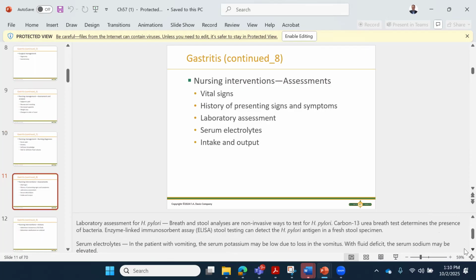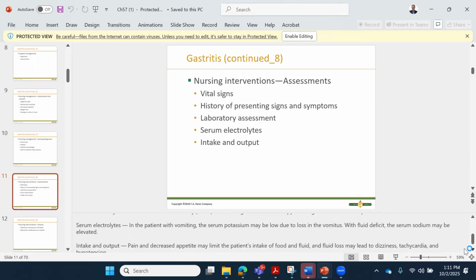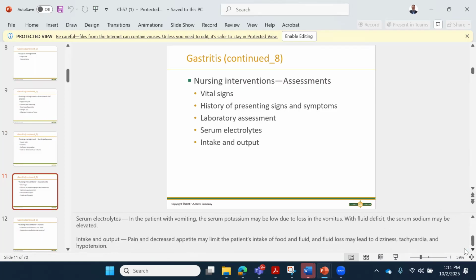So also you need to think about specific electrolytes which may be involved, such as potassium, because potassium is one of those electrolytes that are highly influenced by fluid volume shifts.